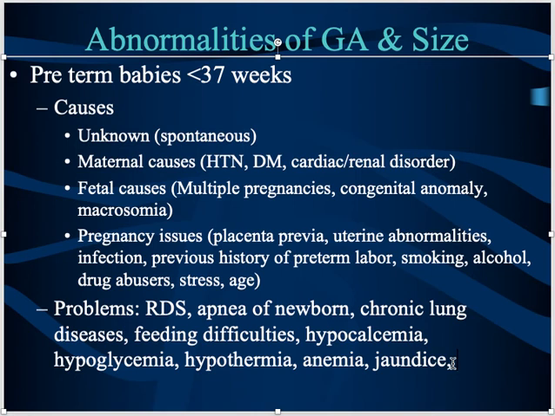Then their retina is not mature, so sometimes they have retinopathy, called retinopathy of newborn. And their brain and skull bones are weak and still developing, so they may have intracranial hemorrhage, perhaps from birth trauma, or intraventricular hemorrhage.